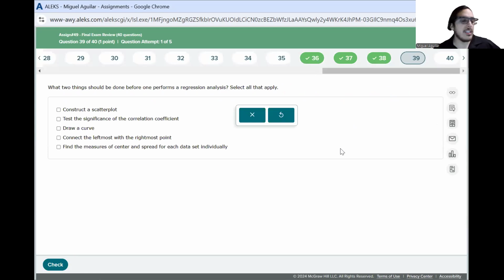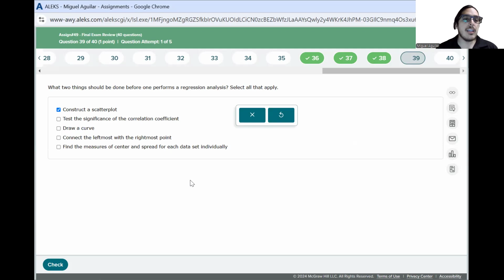So let's go to question number 39. This one says, what two things should be done before one performs a regression analysis? So we're looking to select two things here. One, construct a scatter plot. Well, that sounds like a good idea because you need to be able to assess visually whether there is a discernible pattern in the data before you perform a regression analysis.